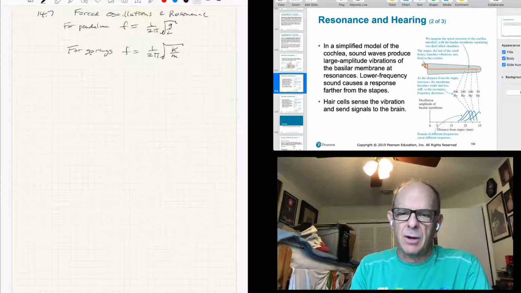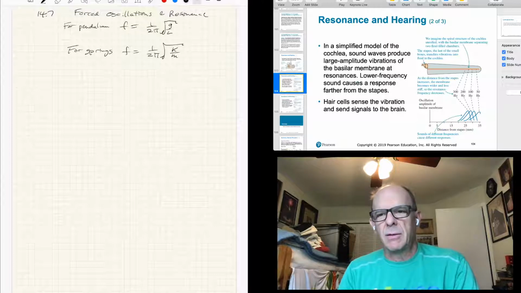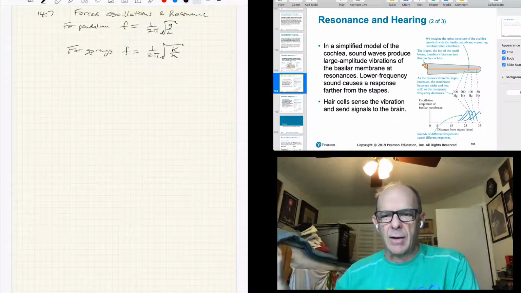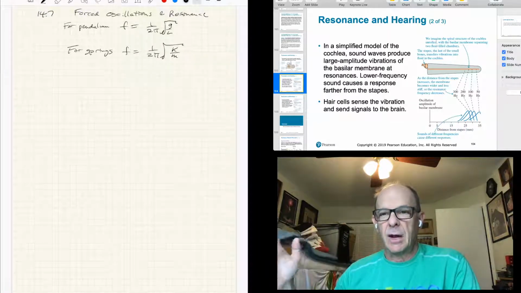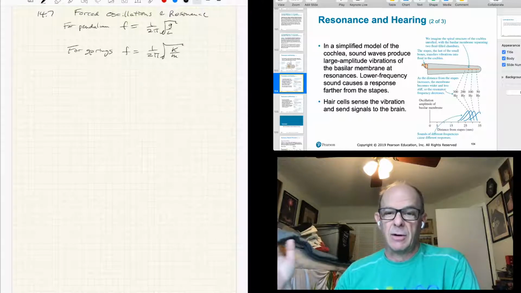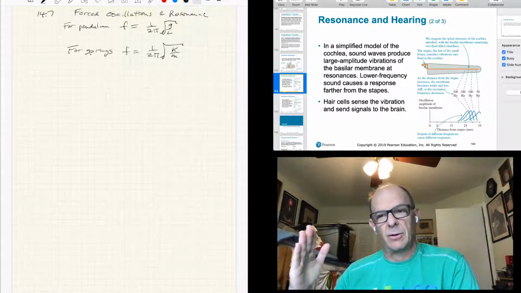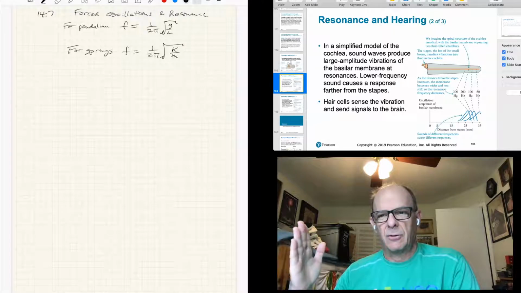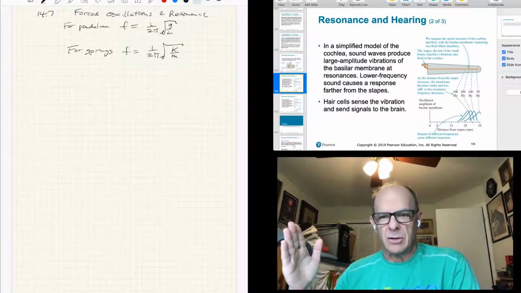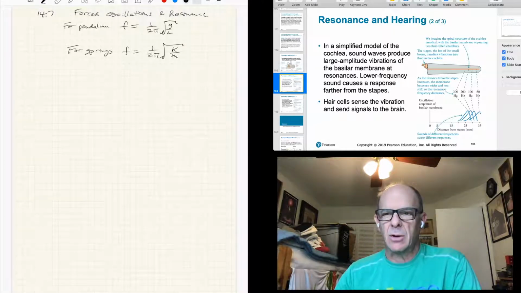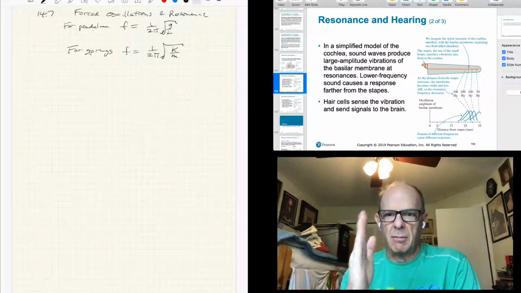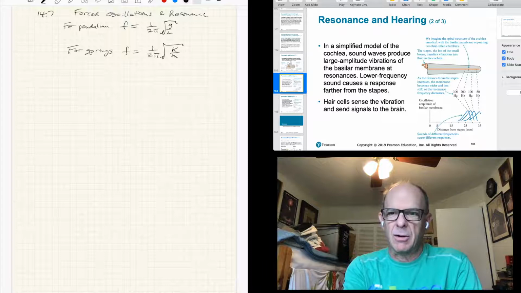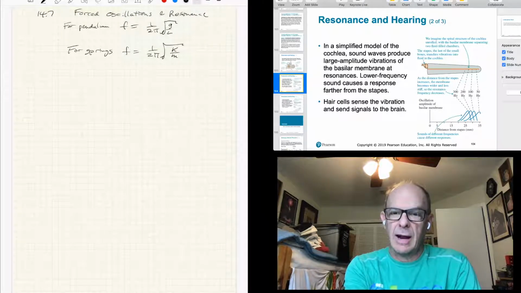And the model here of the ear, taking the cochlea and sort of unraveling it, shows that at different locations along it, it has a different natural frequency. And so the sound coming in excites vibrations at different locations in the cochlea depending on where the incoming sound matches a frequency at a particular location, because we've got a whole bunch of different natural frequencies in this system.